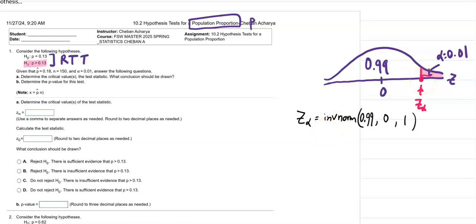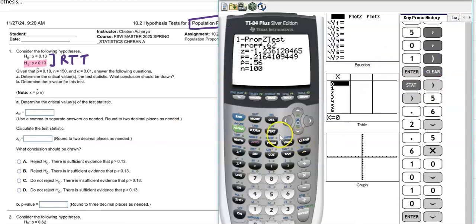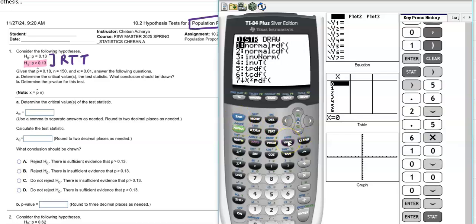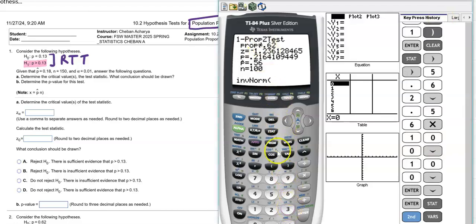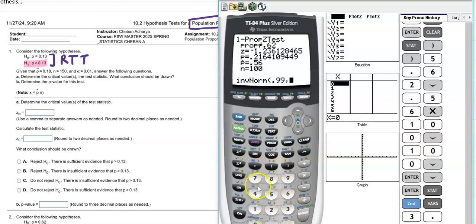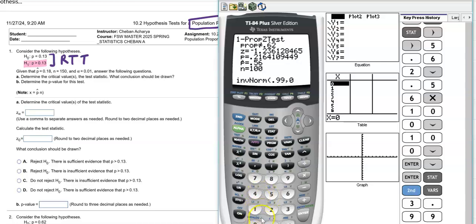Let me do that for you. Press second VARS, and you see invNorm is number 3. You put 0.99, which is the left area, comma, 0, comma, 1, close parenthesis.